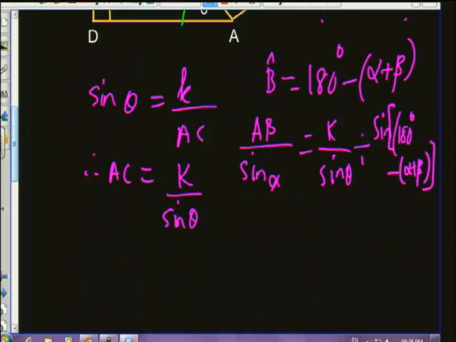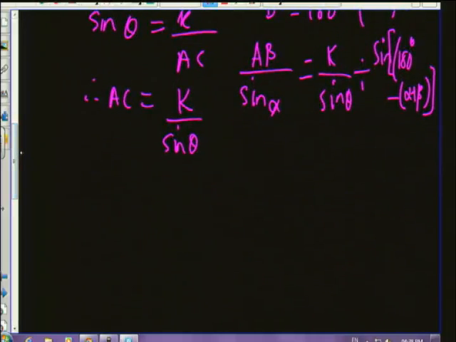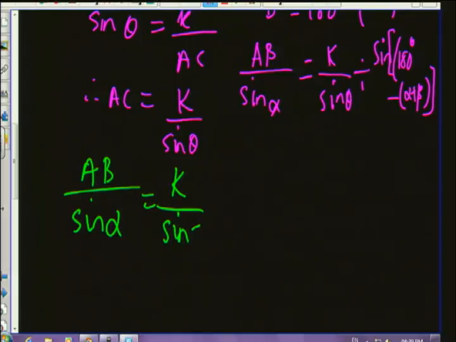Okay, so now we move on. Let's simplify that. We've got AB divided by sine alpha equals K divided by sine of theta, divided by sine 180 degrees minus.